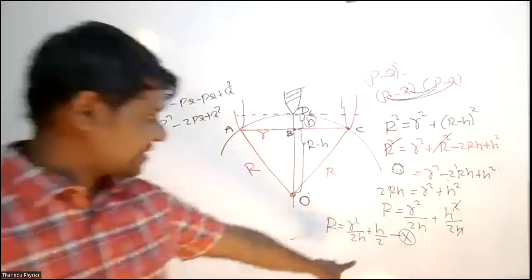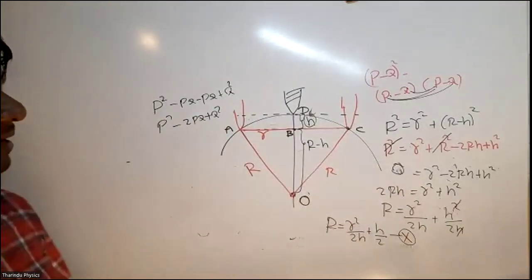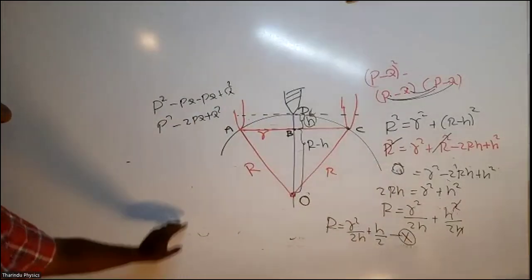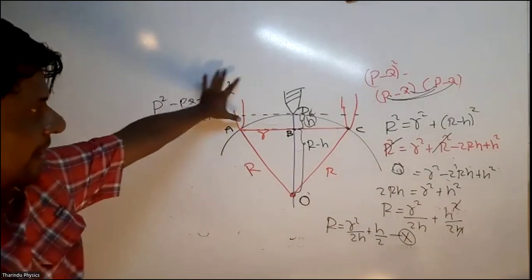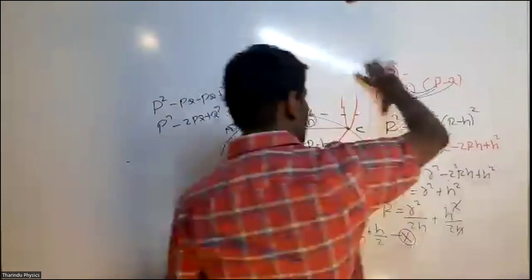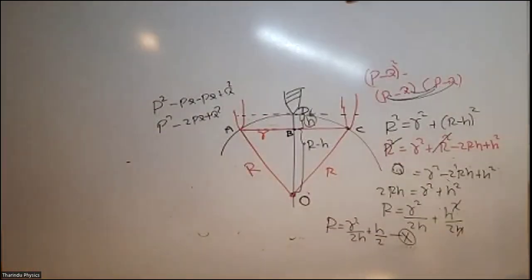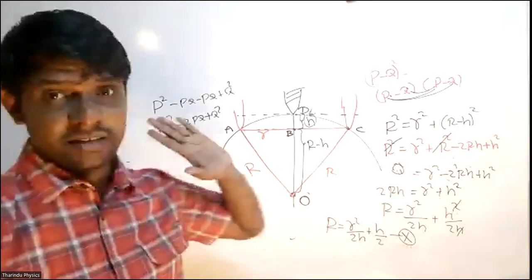This is not the final answer, that's why I put it like x. Copy all of this. If you are mathematically weak, copy this somewhere. And if you are mathematically strong, don't copy these things. This derivation is completely not going to be asked in the exam.